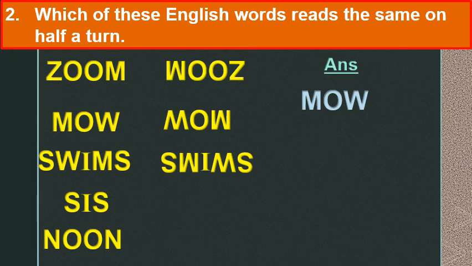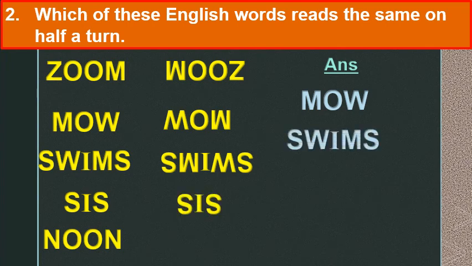Now third one, SWIMS. When I give a half turn to SWIMS, it reads the same, SWIMS only. Now next one, SIS. When I give a half turn to this English word SIS, it is read as SIS.